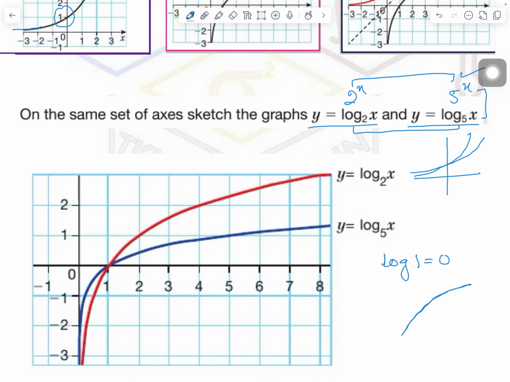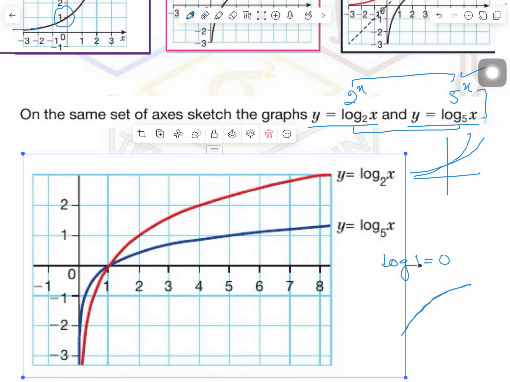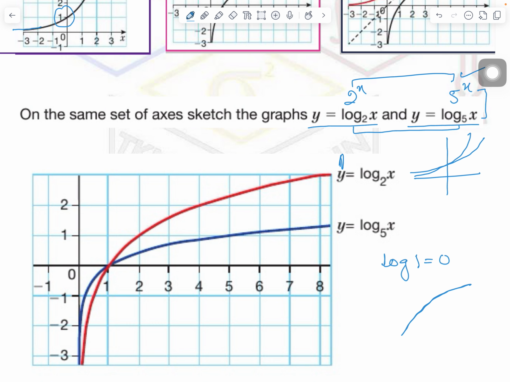So if log 1 is equal to 0, and we know on the x-axis y is 0, so to make y 0, I must have x as 1.